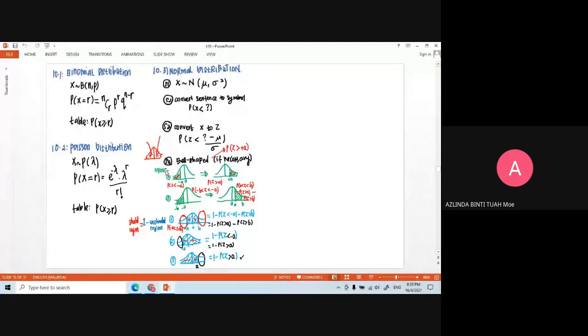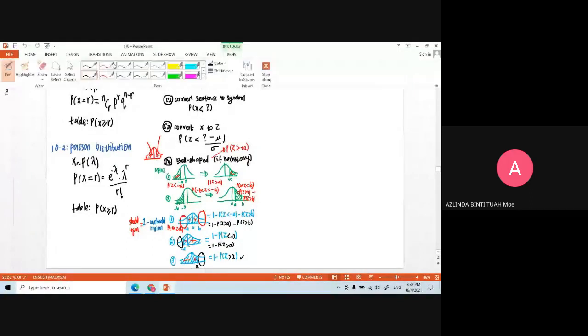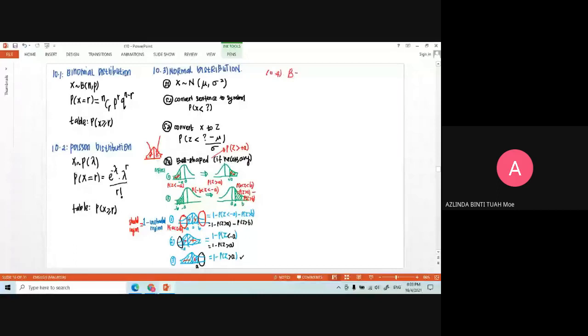Now tonight we are going to look at approximation, where we convert binomial to normal with 2 main reasons. The first reason, because n is greater than 50. The second reason, n times p is greater than 5.